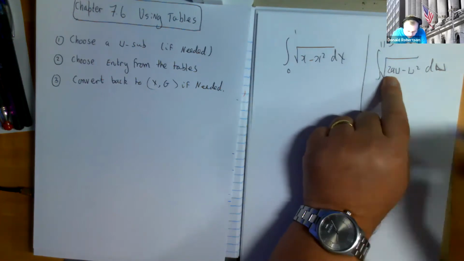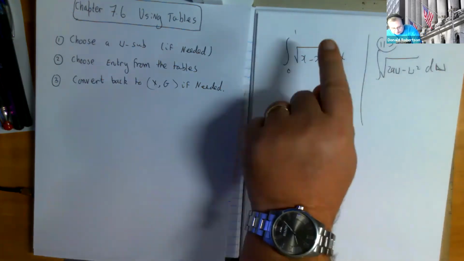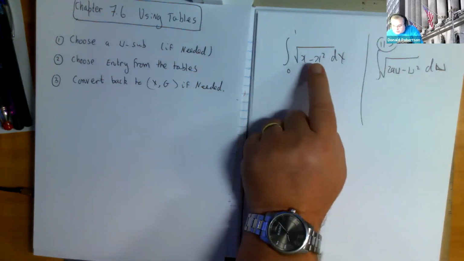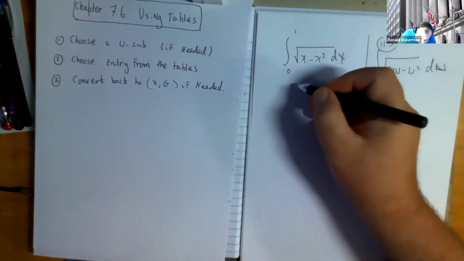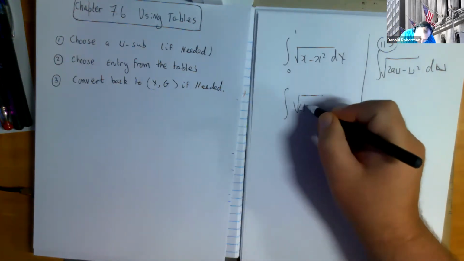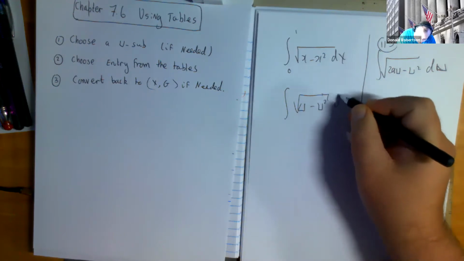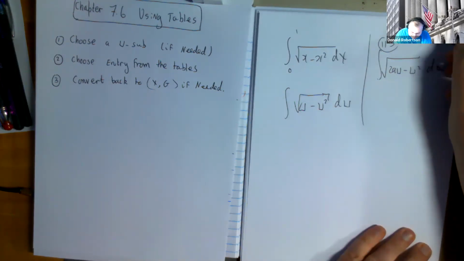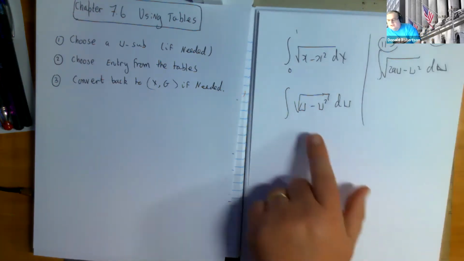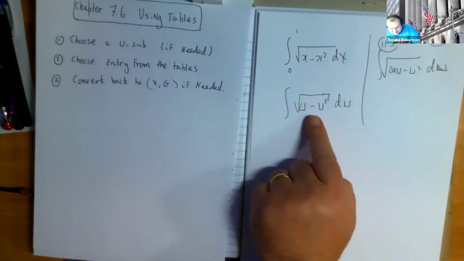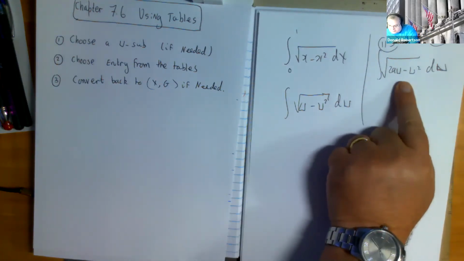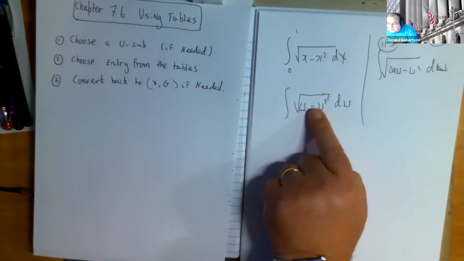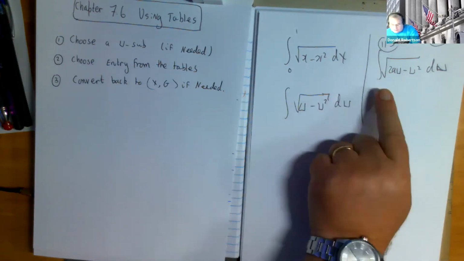This is entry 113. How can I use this to figure out the answer? Well, if I just turn the x's into u's, which is basically a u sub, but it's easier to just think of it as a replacement, this doesn't quite look like that. Would you agree? It's very close, but not the same.